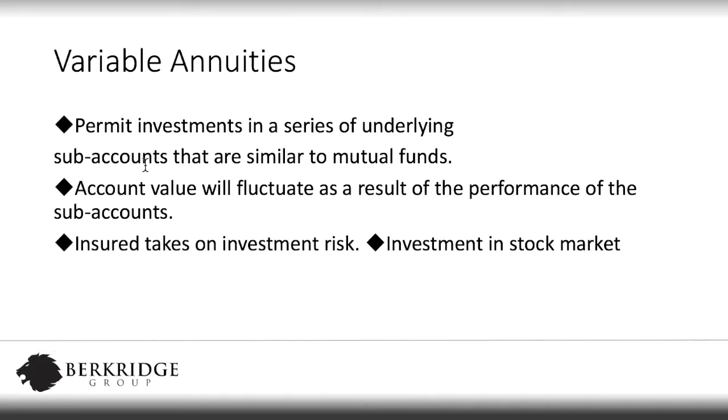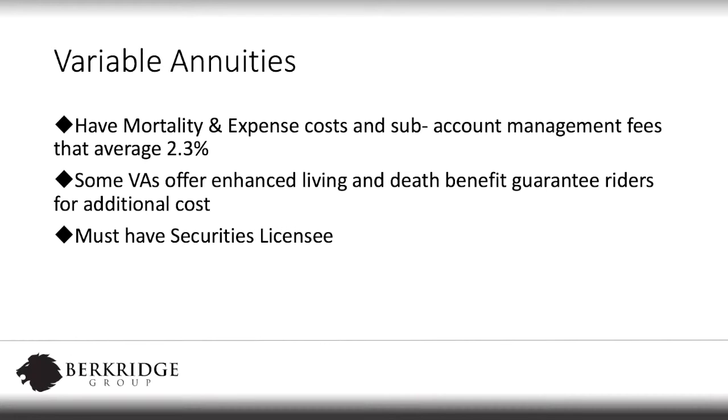Variable annuities: more risk, potential higher reward, but for more risk. They permit investment in a series of underlying subaccounts, and the account value will fluctuate as a result of the performance of the subaccounts. So we really have two extremes of the annuity marketplace: fixed annuities and variable annuities.